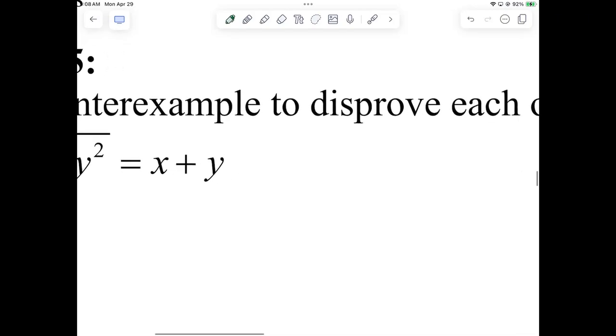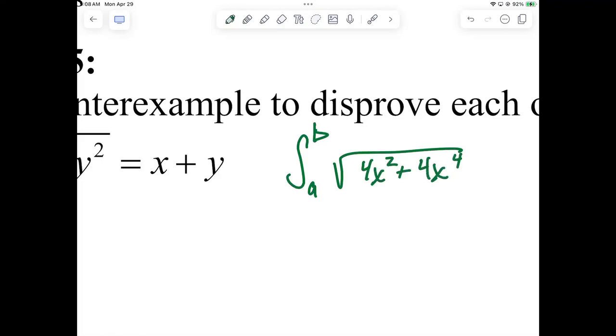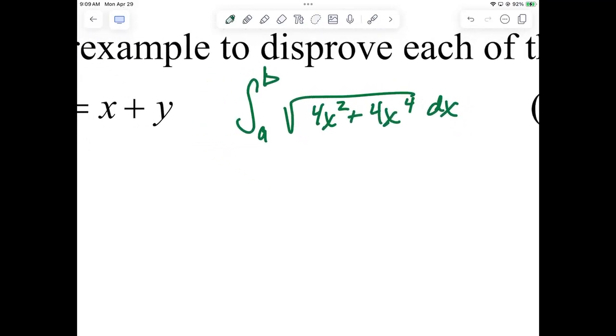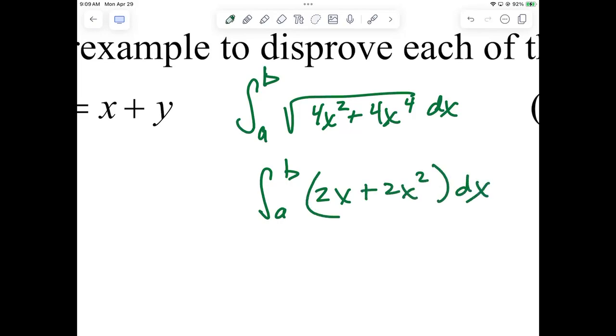I hope not. There was a student in BC Calculus this morning that had this. We were working a problem and it was this, 4x squared plus 4x to the fourth. This is what we were working with. And he literally asked me this morning after the review, is that the same as this? He literally asked me this literally this morning. Is that true? What do y'all think? Can we do that?